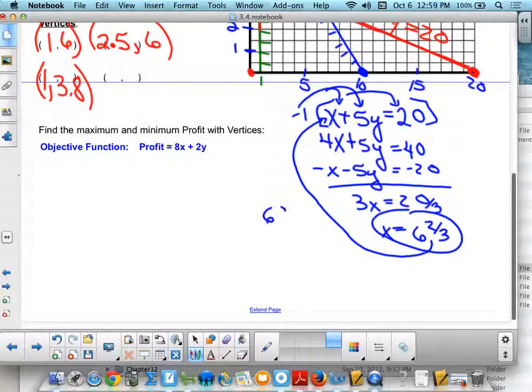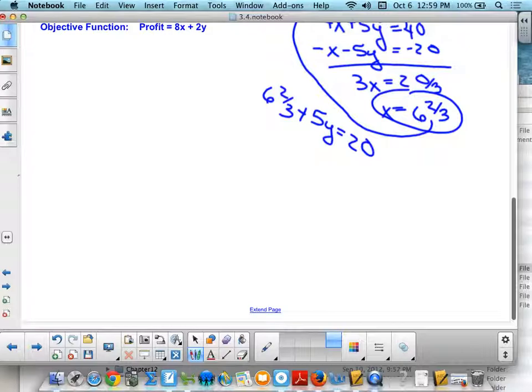So 6 and 2/3 plus 5y equals 20. 5y equals, how do you get the 6 and 2/3 over? Subtract it. 13 1/3 is what we came up with last hour. Now what? Divide by 5.